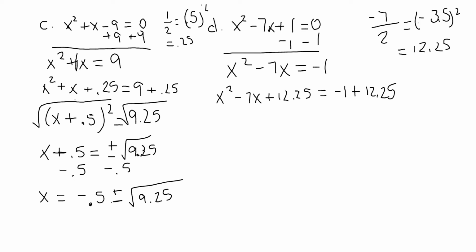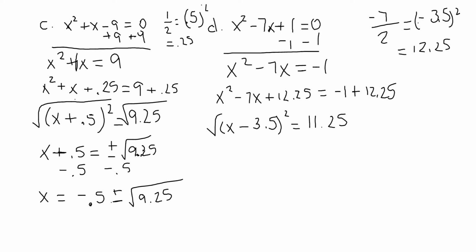And when we factor the left side, we're going to have x minus 3.5 squared is equal to 11 and 25 hundredths when I simplify the right side.